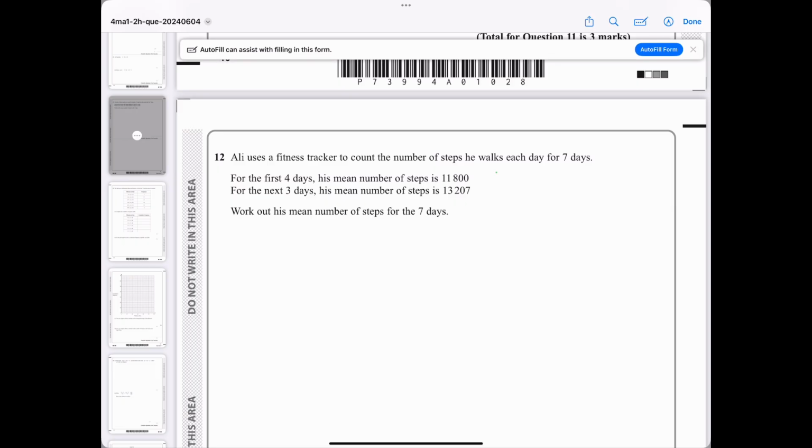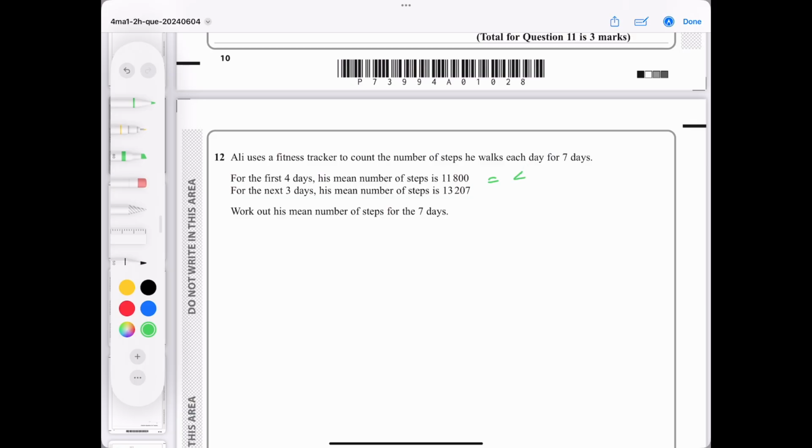So his total number of steps for the first 4 days is 4 times 11,800, which is, let's have a little look, 4 times 11,800. So that's 47,200.